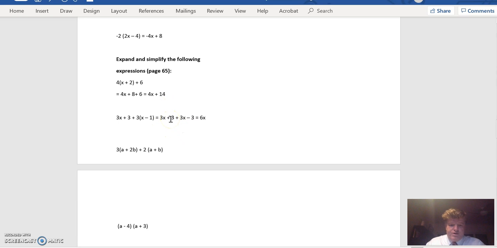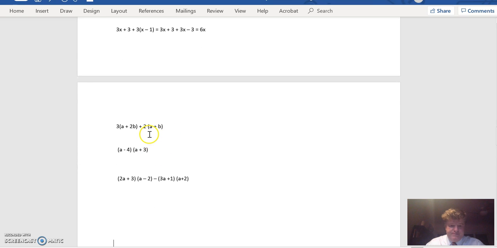A little bit more work on the expansion here. Let's put it over to the next page so we can see, because we've got a couple of areas we're going to multiply out. So let's multiply here. 3 times a is going to give us 3a, plus 3 times 2b. So 3 times 2 is 6.